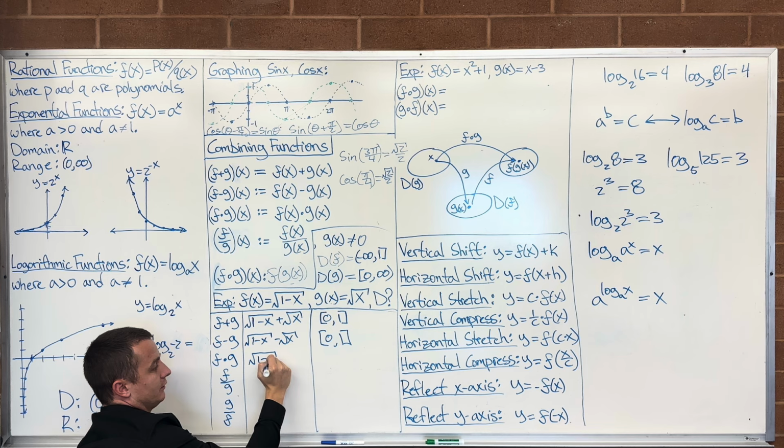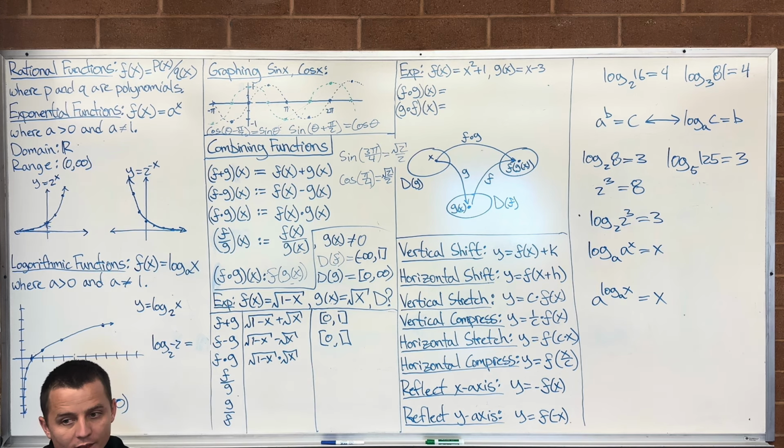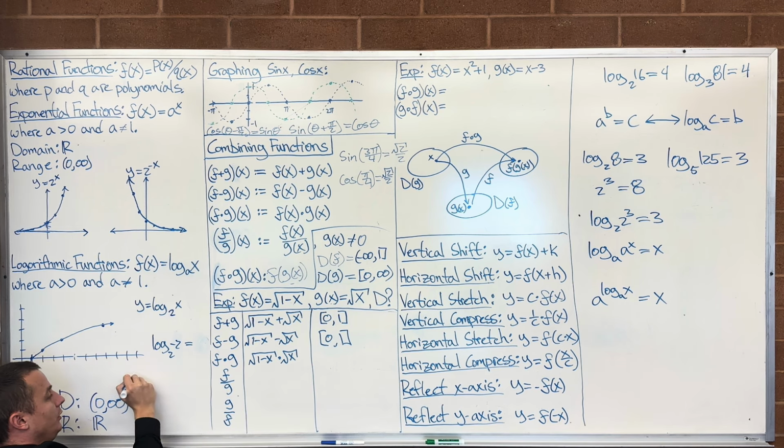Okay, let's do f times g now. Square root of 1 minus x times the square root of x. With this one, you can combine them in the radical. So the square root of 1 minus x times the square root of x is the same thing as the square root of x times 1 minus x.